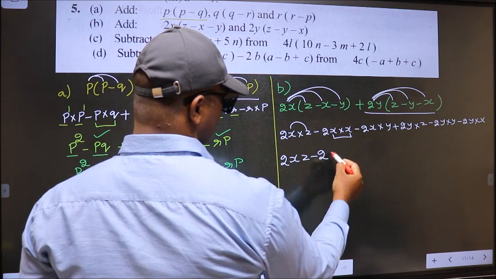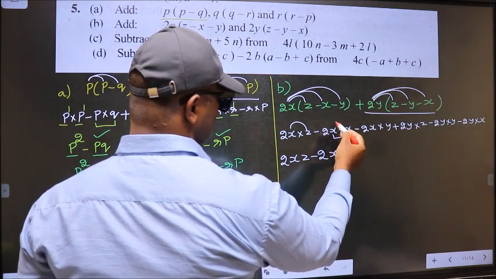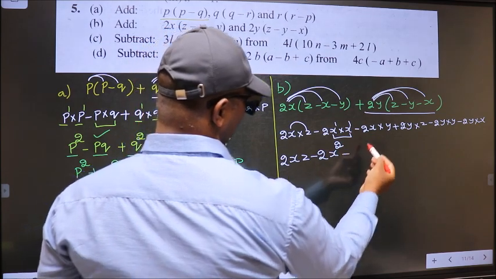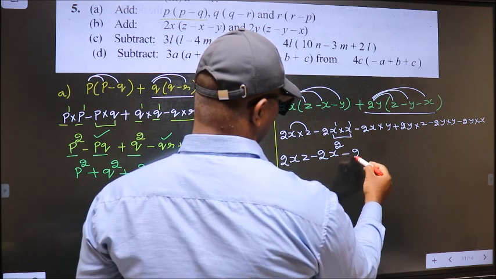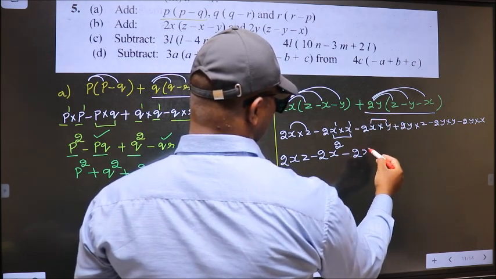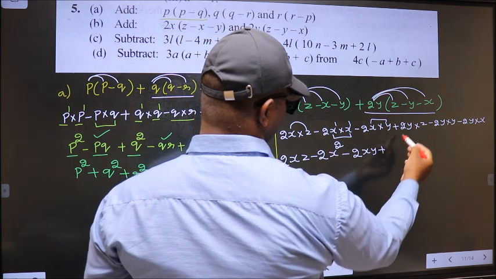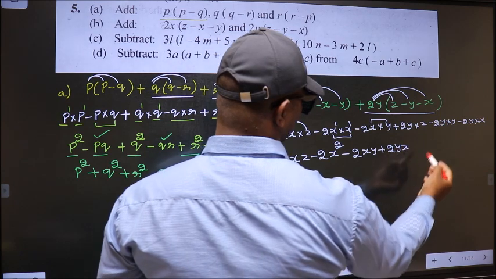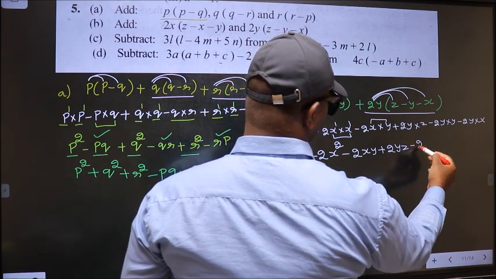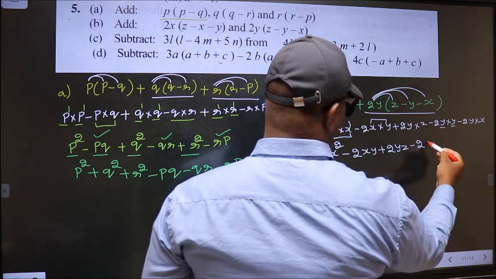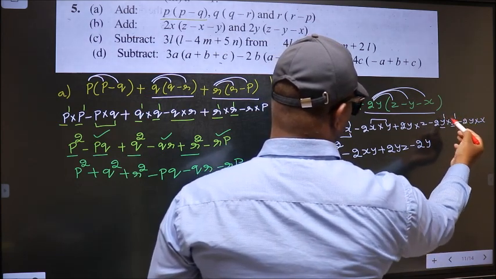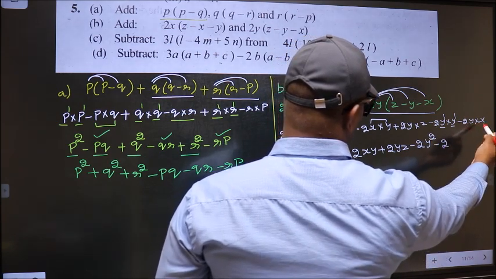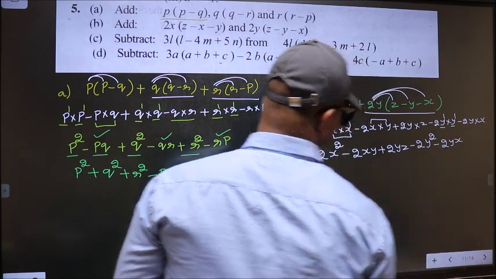Now x and x, you get x and the power is, since bases are same, add the powers, 1 plus 1, 2, minus number 2, so write 2. x and y are different letters, so you write as it is, plus the number is 2. y and z are different letters, so write yz, minus number 2, y and y, so write y, power is, add the powers and write, so 1 plus 1, 2, minus number 2, letters are different, so you write as it is.